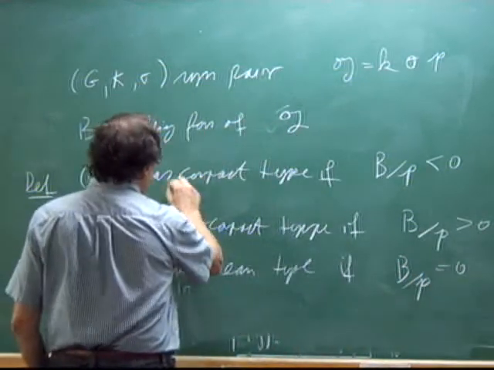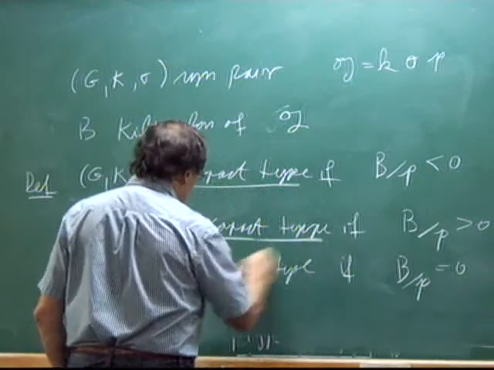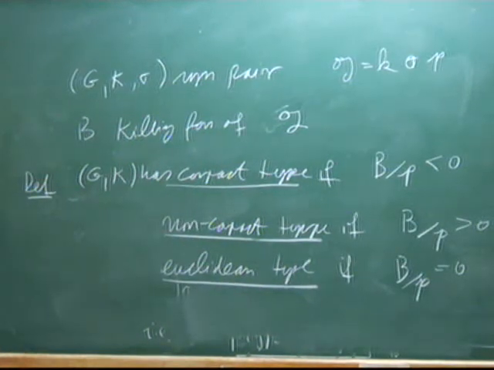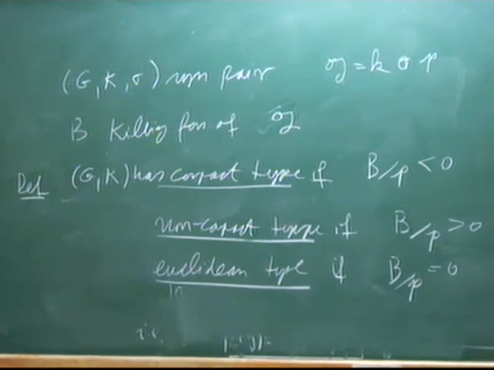So I have compact type, non-compact type, and Euclidean type. So I divide my symmetric spaces into these categories.